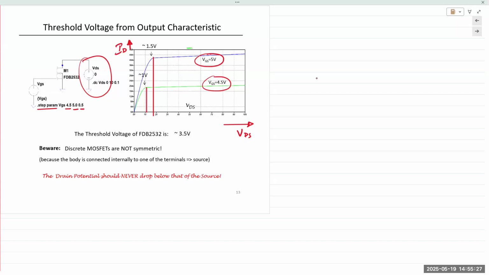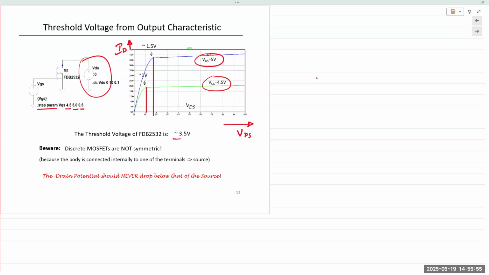You apply 5 volts, overdrive is 1.5, threshold voltage is 3.5. Threshold voltage, of course, is a function of the physical design geometry and the doping profile, so that should not change. That is the voltage that is required to set up the channel. Once you fabricate a device based on the design, the threshold voltage is not going to change. That should remain constant.